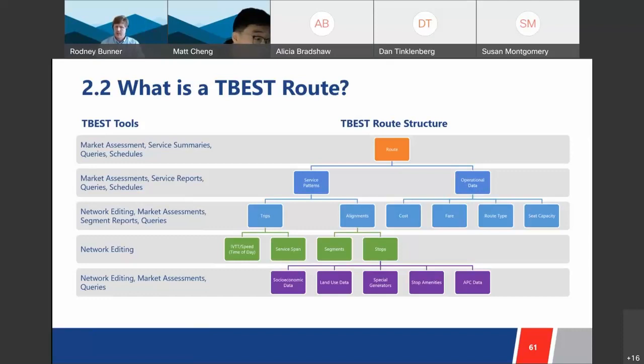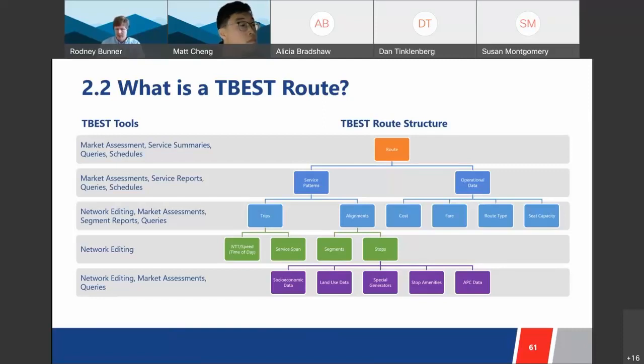And then on the other side, you have operational data. So the route itself has cost attributes, fare attributes, route type, and seat capacity we talked about. And on the left, you have service patterns, which are made up of vehicle trips and alignments. So basically, your alignments are made up of segments and stops.